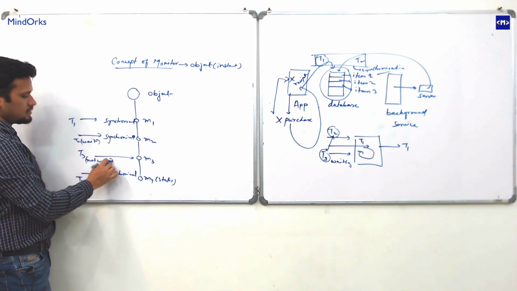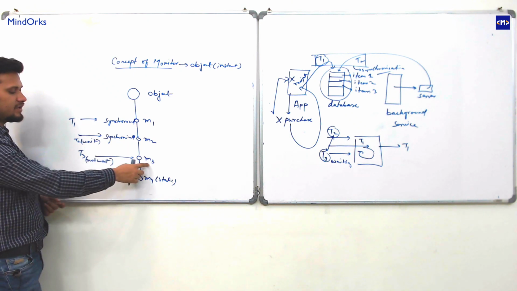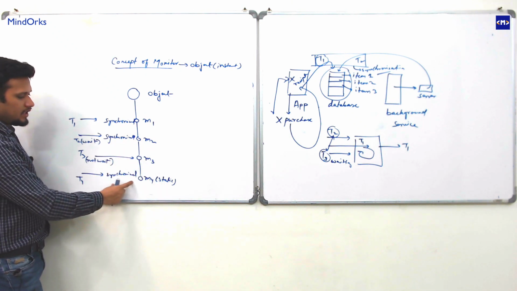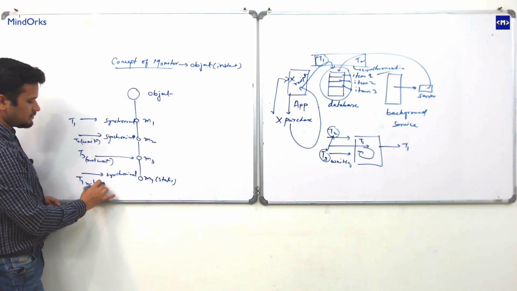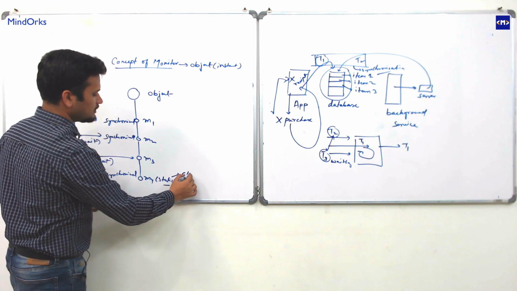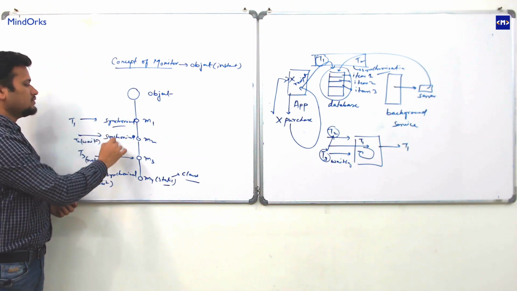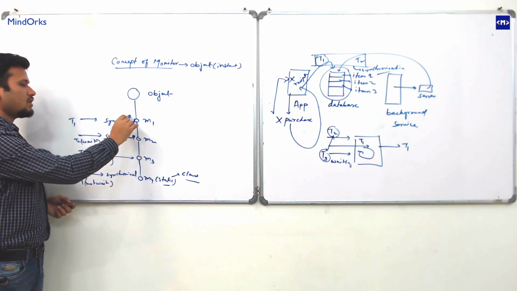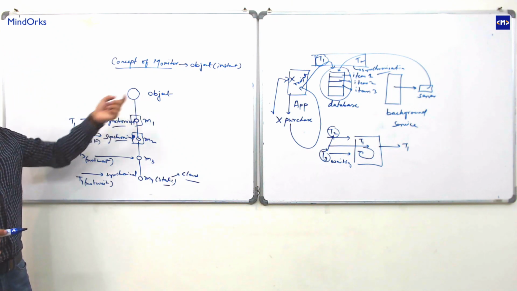Why? Because it is not synchronized, it does not have any monitor. Any thread can access it anytime. And the static method will not wait either, because it is synchronized through the class level lock. So this is how the synchronized keyword helps achieve synchronization between various methods in the object.